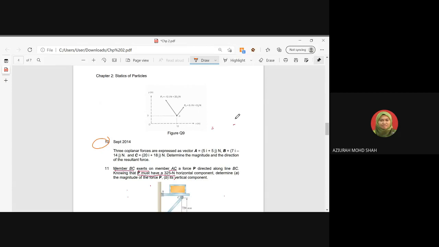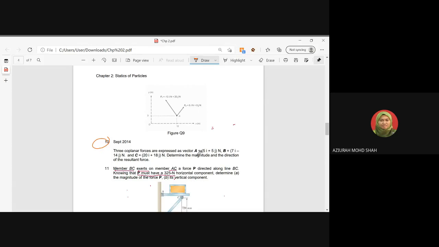Is it in vector or in scalar? Your question. Ni. Vector sebab dia dah bagi magnitude and also direction, which is magnitude 5 for A and then direction dia I. And then 5 in direction y-axis lah, 5J.